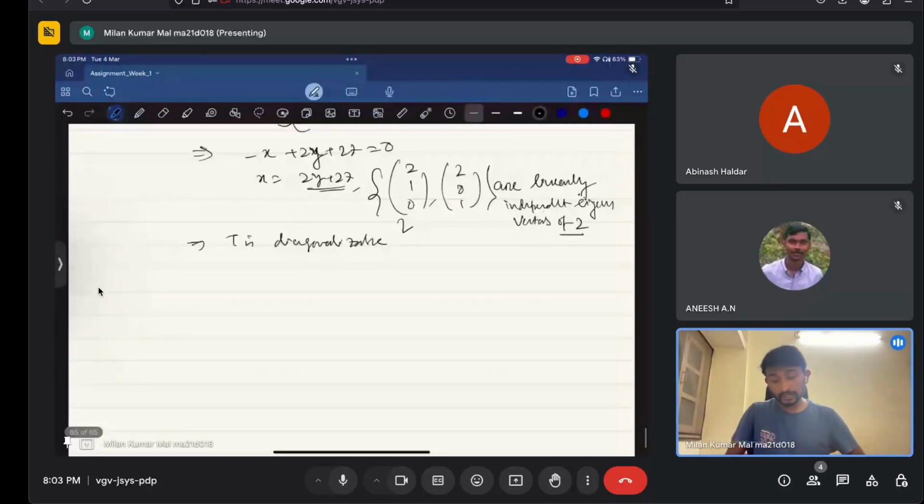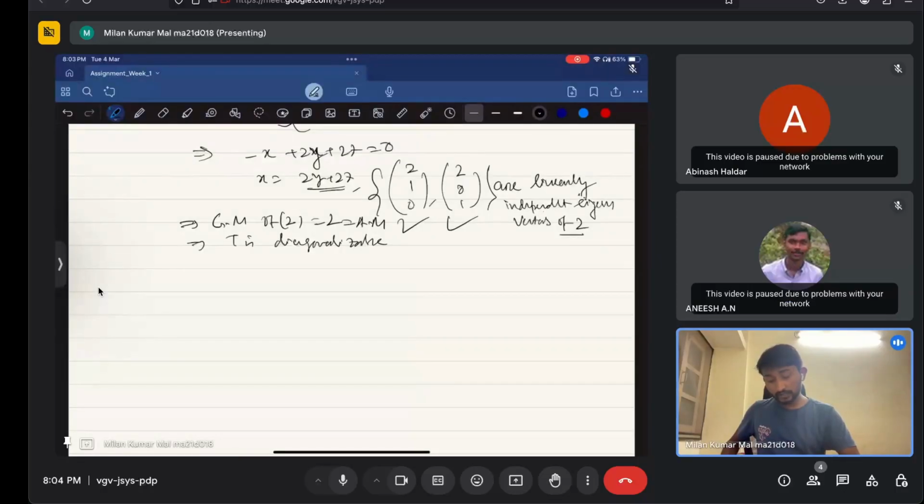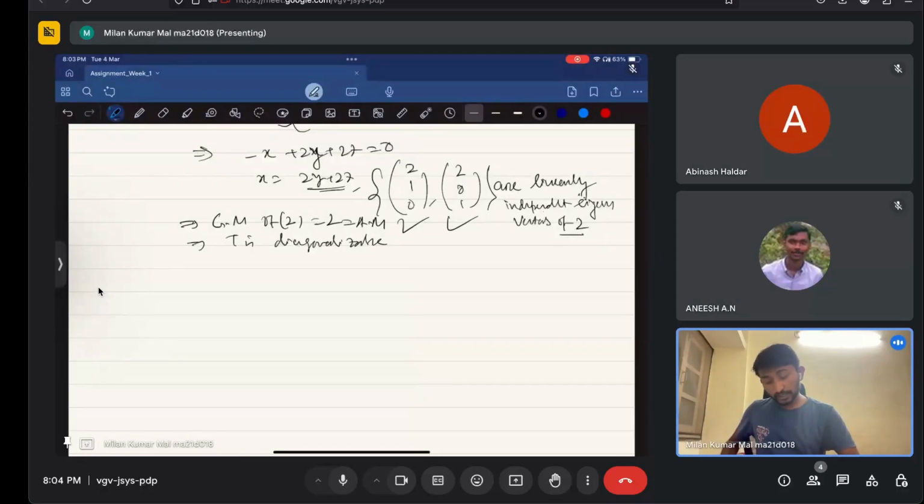And if we restrict T to the subspace W corresponding to these two vectors, this is a 2-dimensional subspace. So this is not the characteristic polynomial, because it should be (x minus 1)(x minus 2), but it is written as x plus 2.